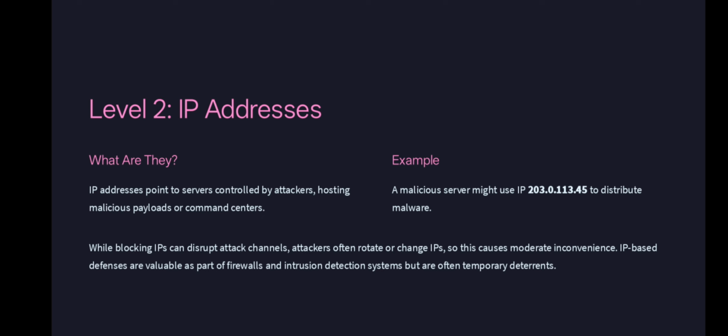3. Geolocation and reputation scoring. IP addresses are scored based on prior abuse, hosting behavior, and geographic location. Requests from high-risk IPs, e.g., Tor exit nodes, known bulletproof hosting providers, are treated with suspicion. 4. Network behavior analysis.